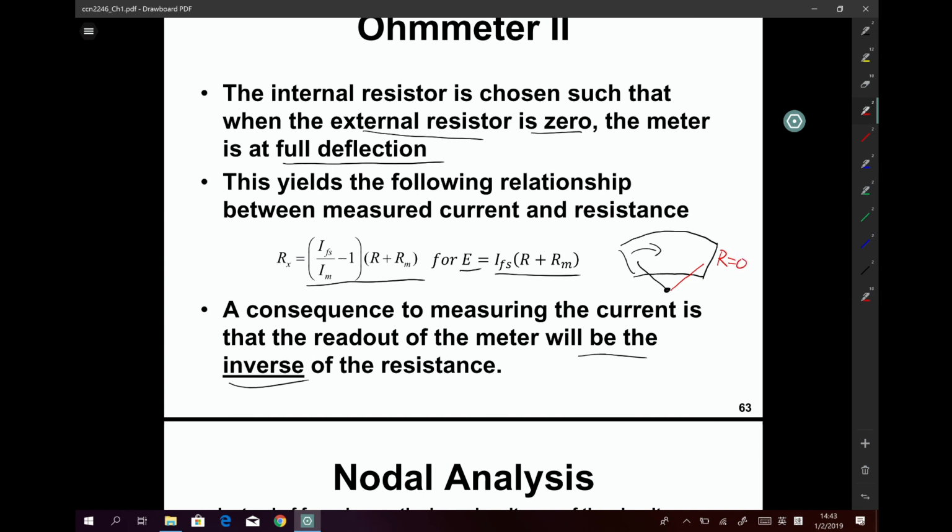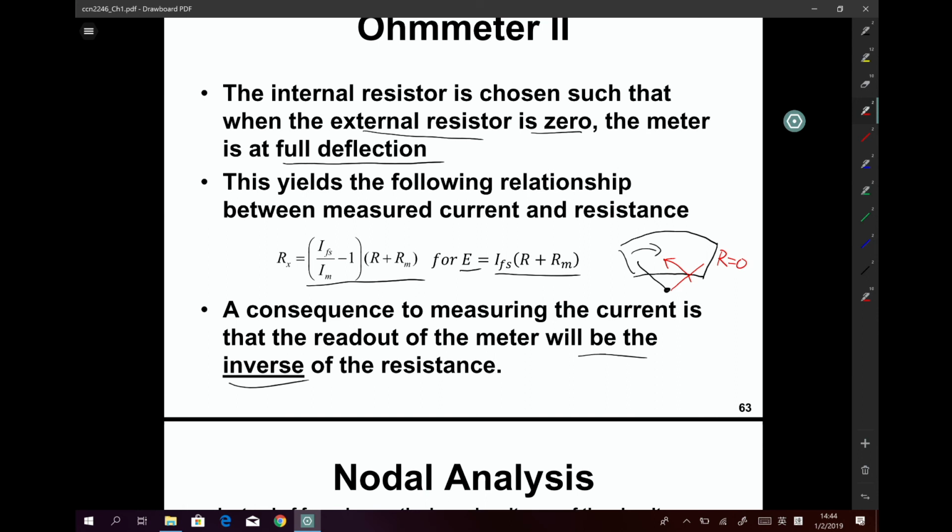Therefore, for other resistances, the resistance increases from right to left. It has an inverse deflection of the needle to indicate the resistance you are going to measure. Therefore, the sentence told you that you have an inverse deflection.